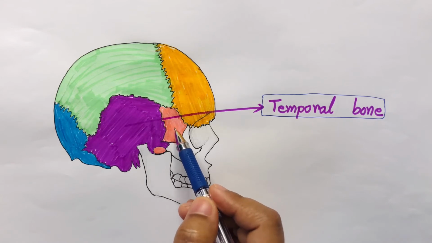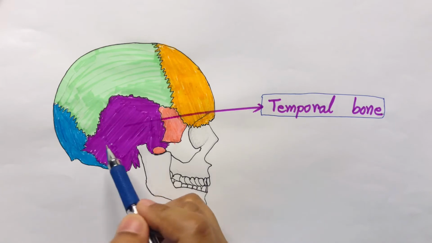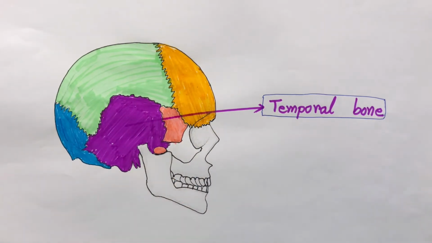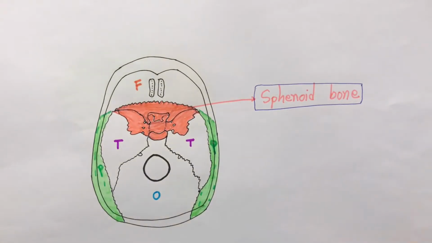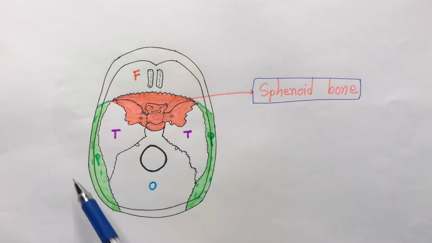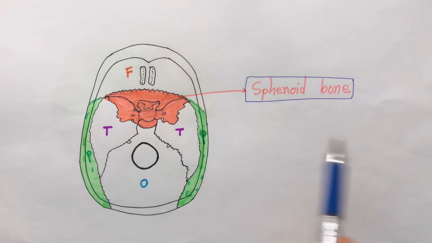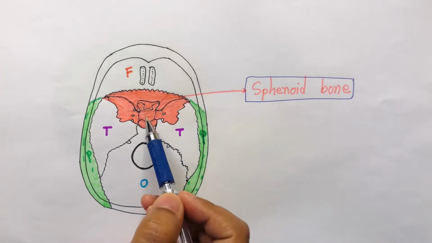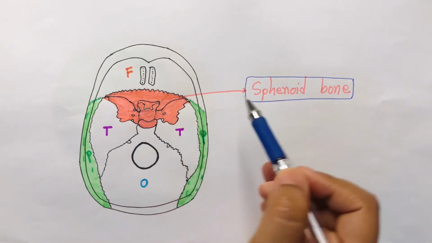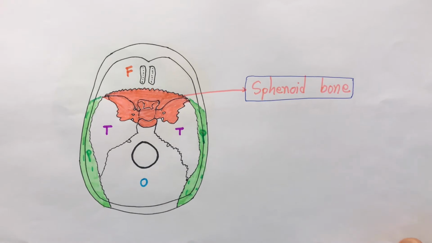If we want to see the sphenoid bone clearly, we have to see the base of the skull. Now we'll see the base of the skull. So this is the superior view of the base of the skull, and this pink color butterfly shaped bone is our sphenoid bone.